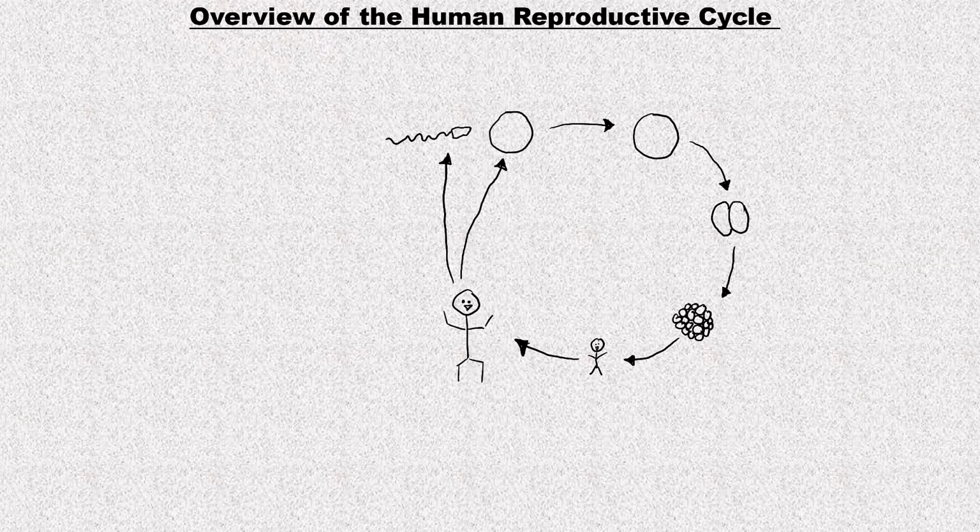To start, we're going to take a look at the overview of the human reproductive cycle. First, your sperm combines with the egg by a process called fertilization to make that zygote, like we just saw, also called a somatic cell, your first body cell.